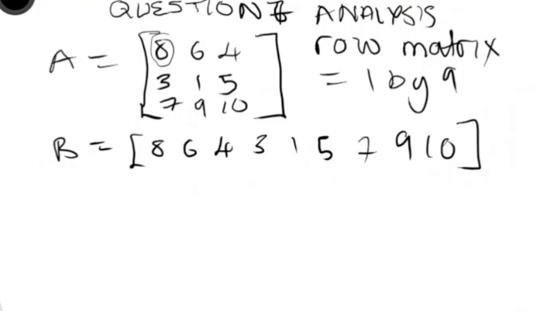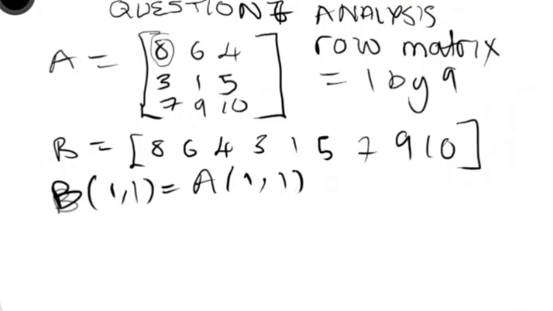Now, in converting this 3 by 3 into a 1 by 9, B1,1 is equal to A1,1, which is 8, so we put this 8 here.